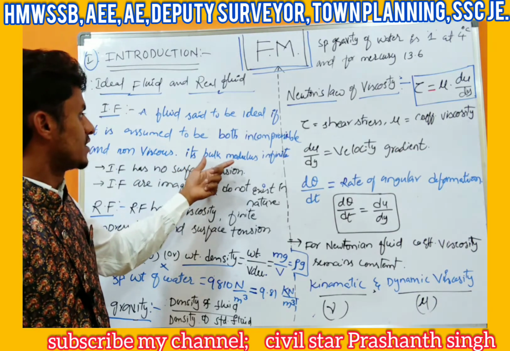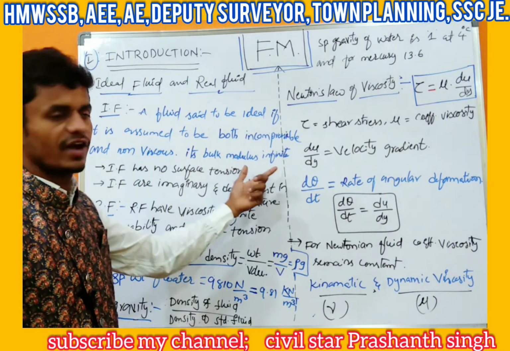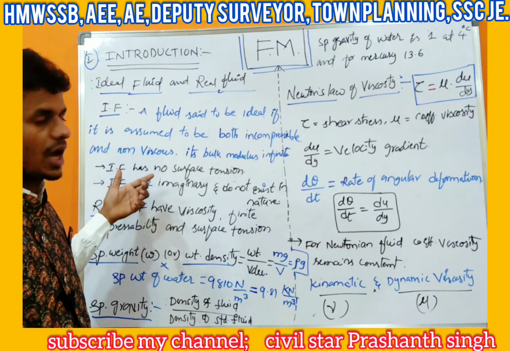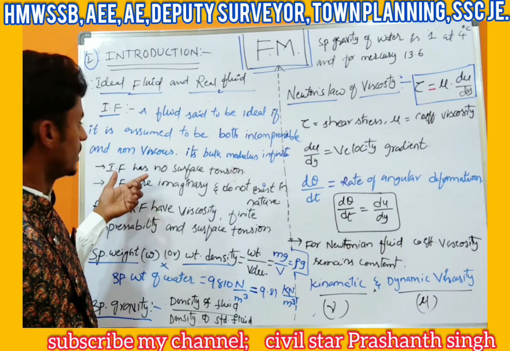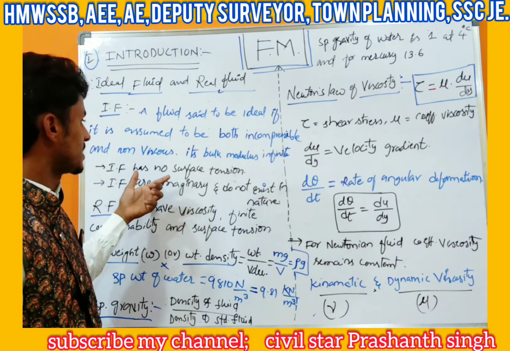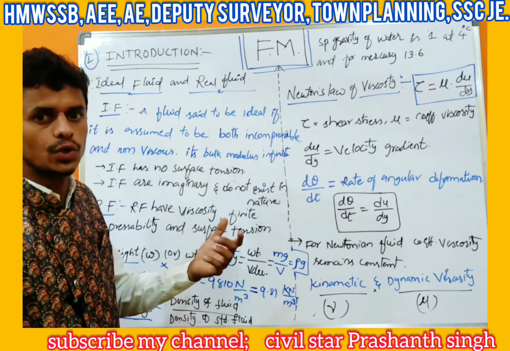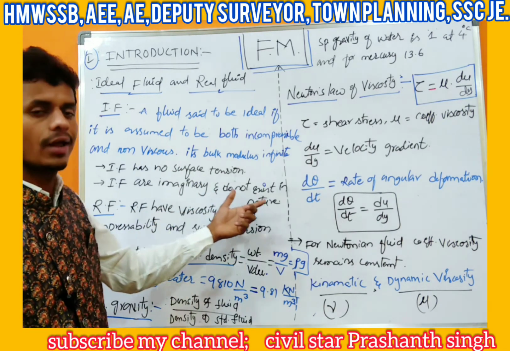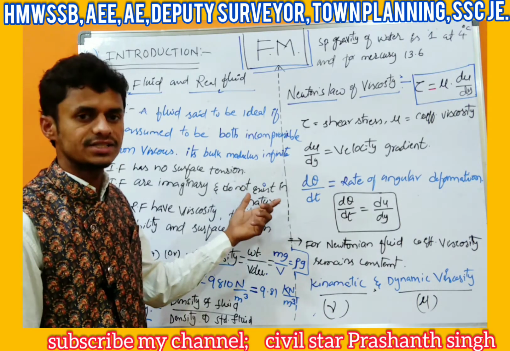The bulk modulus of the ideal fluid is infinite. Next, the ideal fluid has no surface tension, so the surface tension for the ideal fluid is 0. Ideal fluids are imaginary and do not exist in nature.